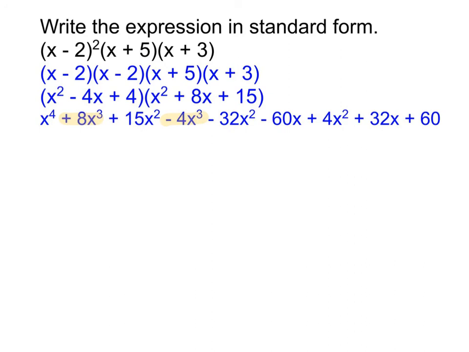Then I look for x squareds, and yes, I have multiple x squared, so I'll be able to combine that term, and that term, and that term. And then finally, we look for any x's that I can combine, and yes, we do have multiple x's that we can combine. So each of those, I'll end up combining those like terms. The 60, there's nothing like it, that's why it's just going to stay at 60. When you do that work, this is the final answer you should come up with.